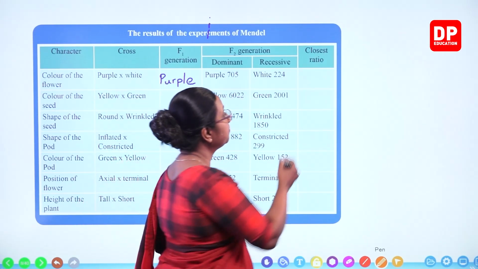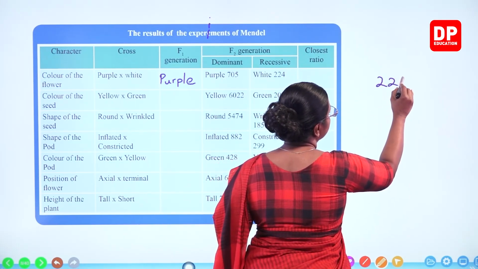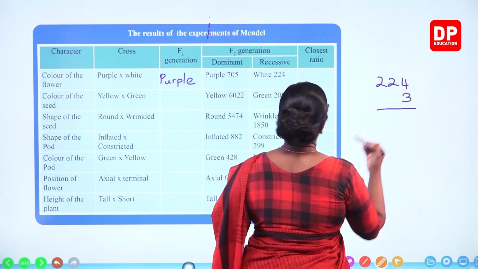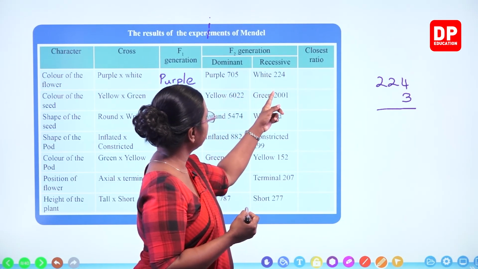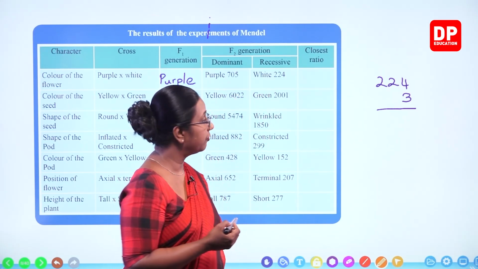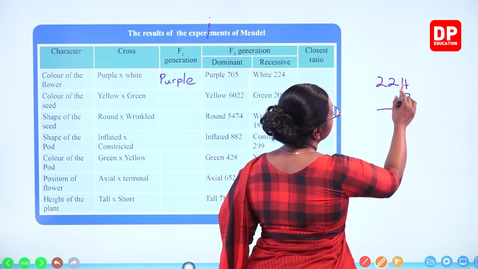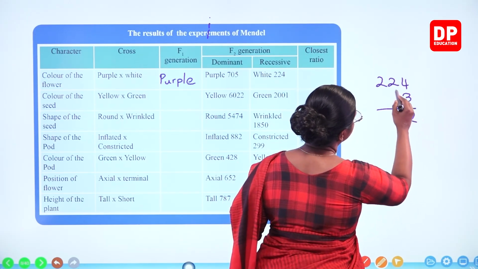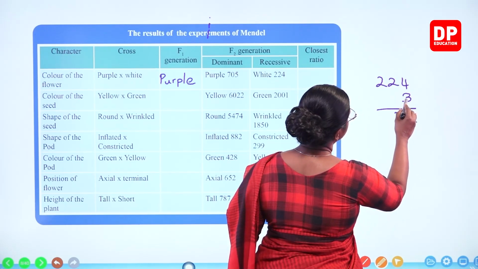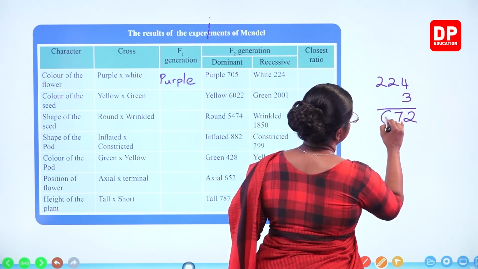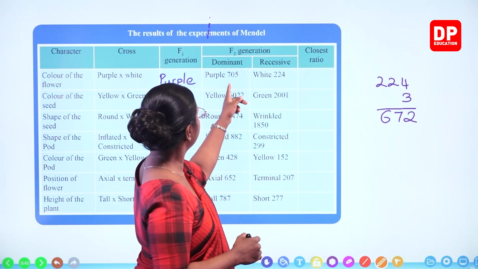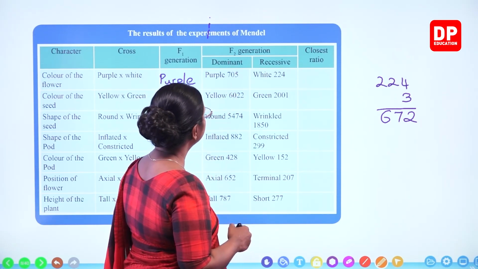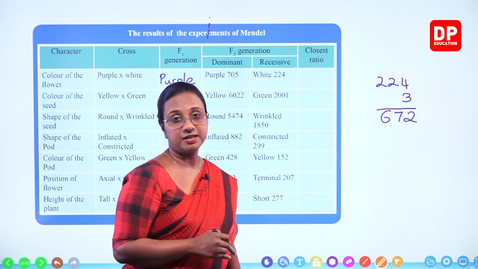So to confirm, you can either divide 705 by 224 or multiply 224 by 3. You will get 672, whereas the number observed is 705.